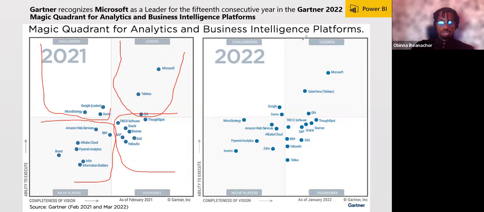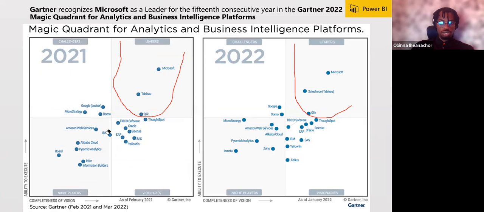Same thing also for 2022. So for 15 consecutive years, Power BI has remained a leader for BI platforms. So these are things that you consider when you're trying to choose a BI tool to learn or to implement in your workplace. So Microsoft Power BI is a leader for 15 consecutive years, according to Gartner.